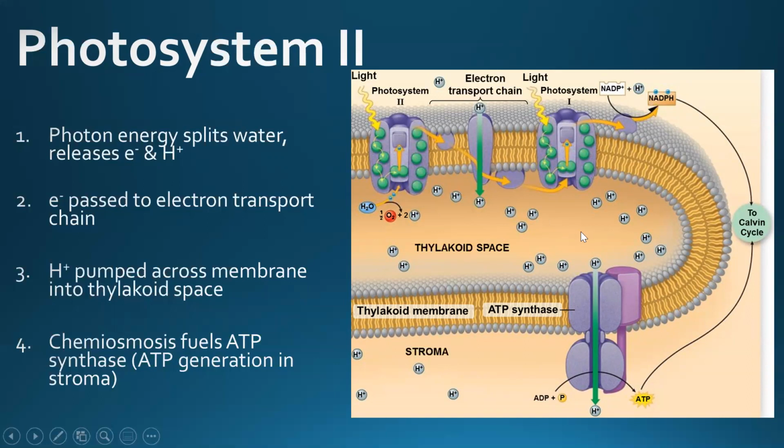Remember, the buildup of hydrogen ions is going to cause the hydrogen ions to want to diffuse. Therefore, the hydrogen ions are going to go from the area of high concentration of thylakoid space to low concentration, which is the stroma.